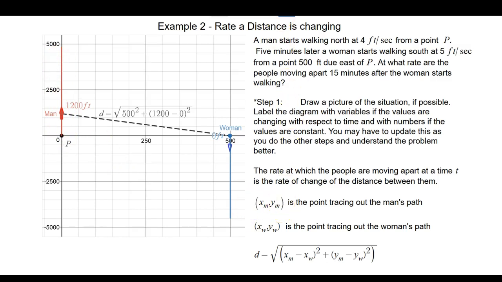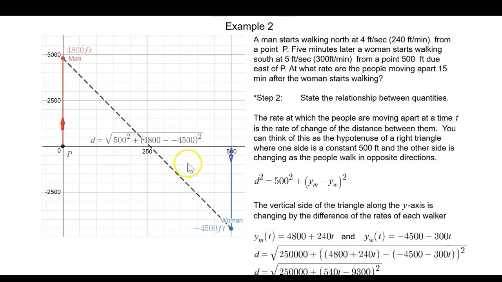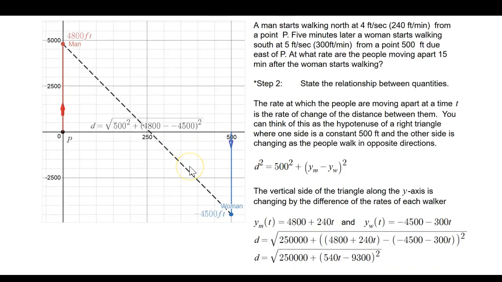So let's look at what's happening here. What we're going to want to look at is how the length of this line segment, the distance between these 2 points, is changing when 15 minutes has elapsed. So that means that the woman's gone 4,500 feet in the southerly direction and the man's gone 4,800 feet north.